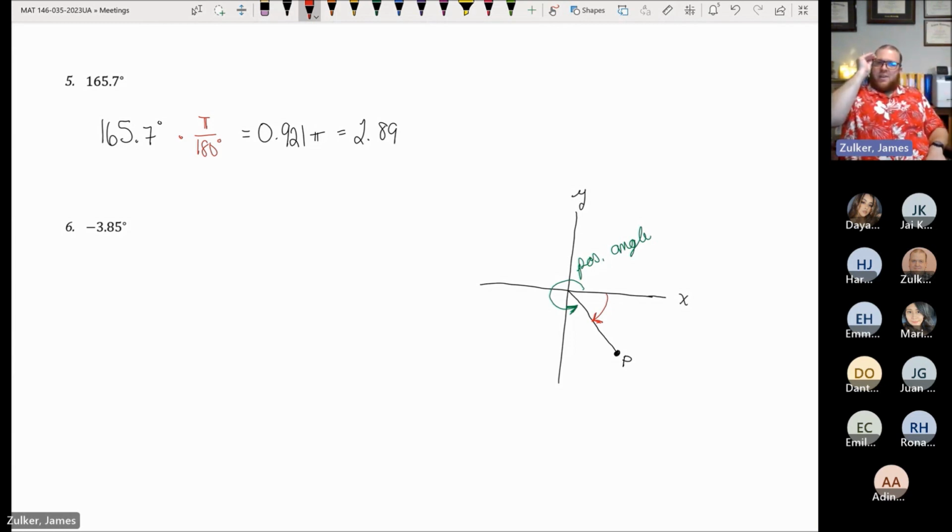If you're measuring the angle moving clockwise from the positive x-axis, the result is a negative angle.